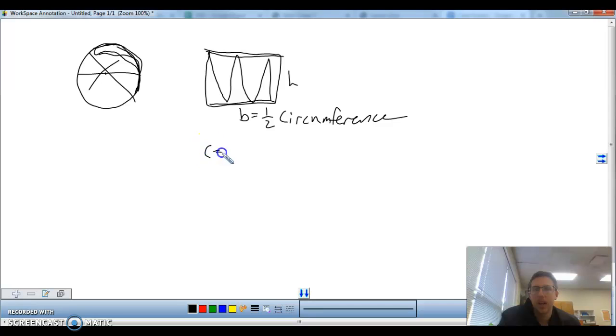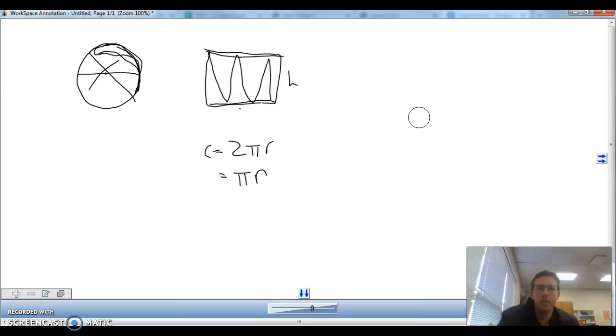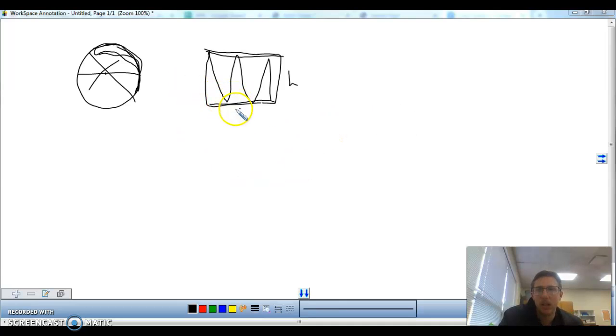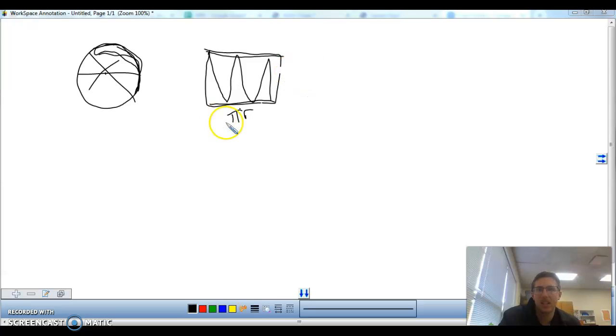Well, if circumference equals 2 pi r, then half of the circumference, instead of 2 pi r, you're just going to have pi r. Okay? So with this rectangle, your base is going to be just pi r. And then we talked about the height as well. We know it's base times height to get area of a rectangle, which is what we turned the circle into.